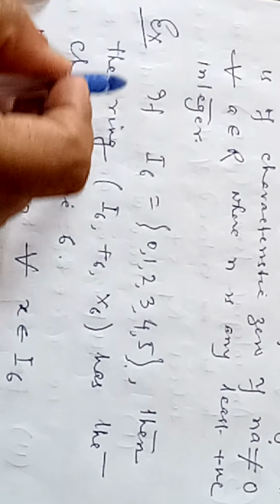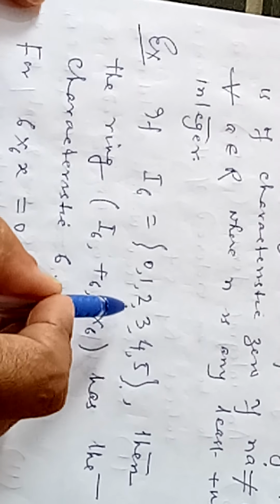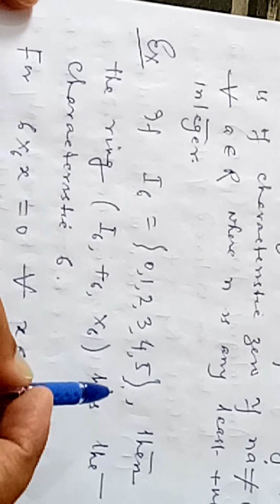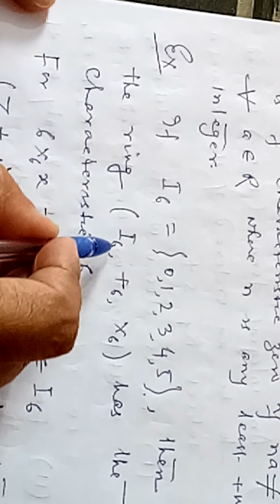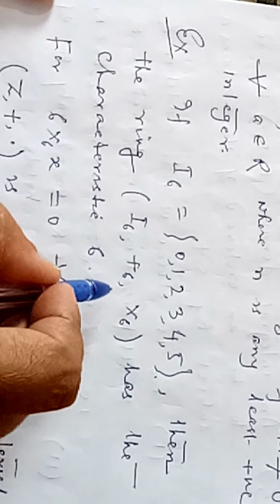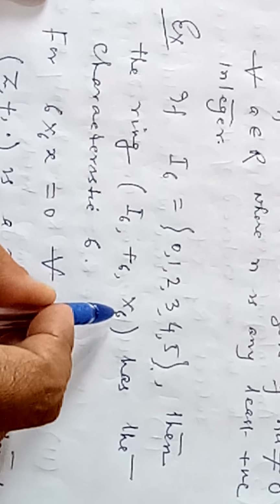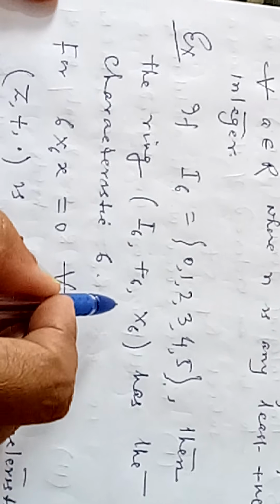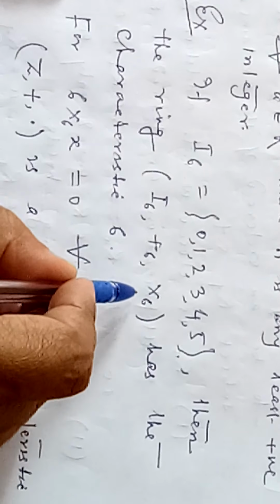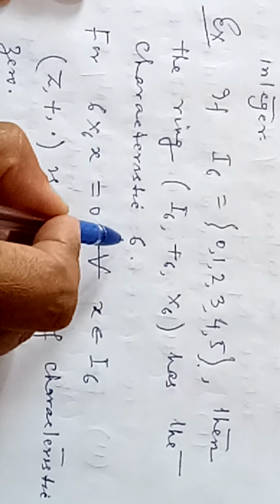Let us take an example. If I6 is a set containing 6 elements like 0, 1, 2, 3, 4, 5, then the ring I6, plus 6, cross 6, where plus 6 is addition modulo 6 and cross 6 means multiplication modulo 6, and students are familiar with these concepts, has the characteristic 6.